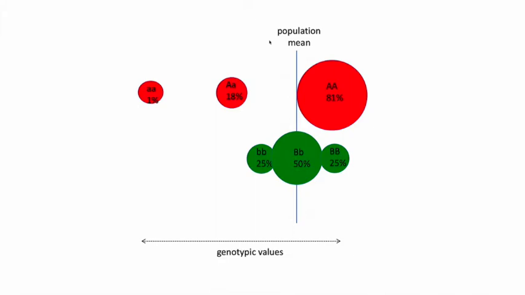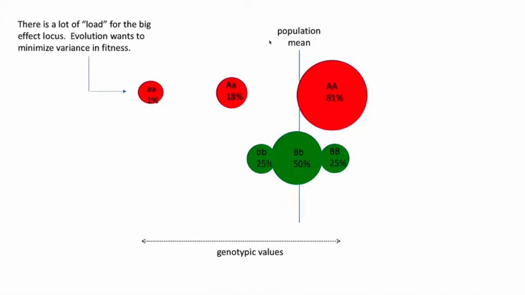So the way to minimize the variance in fitness is to increase the frequency of the big A allele and then move the little b allele to compensate and hold your phenotype at the optimum. So under this model, when you get to an optimum, the load for the big A allele is minimized by driving it to fixation and compensating with this allele of smaller effect. And then once you get rid of A, you deal with B and use a smaller effect allele still to compensate, right?